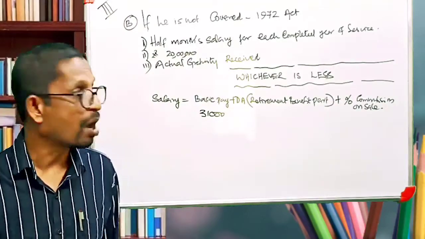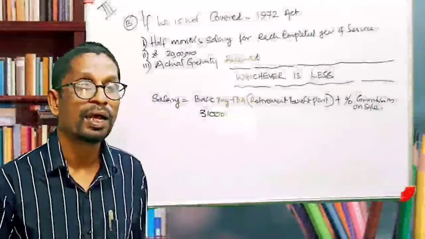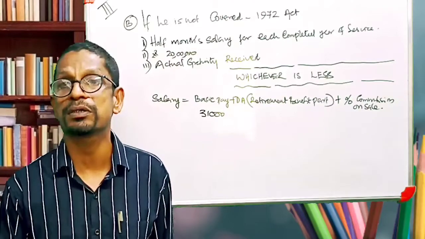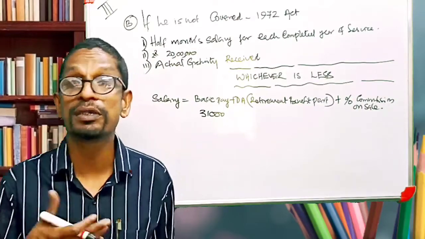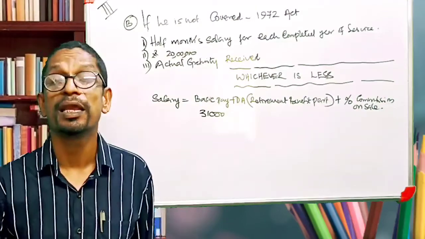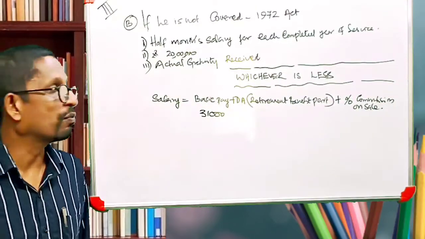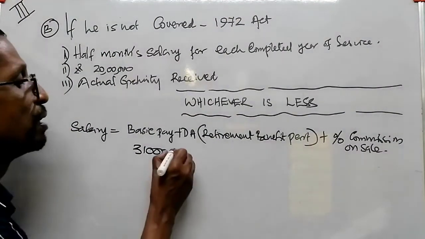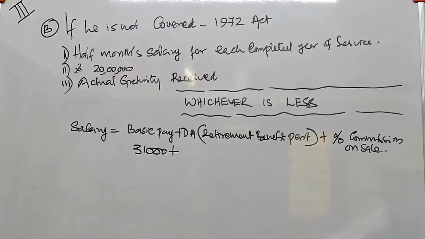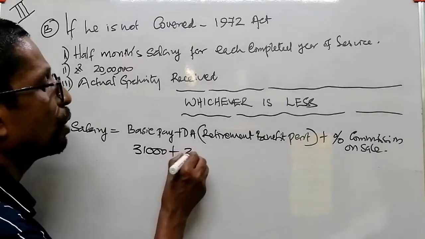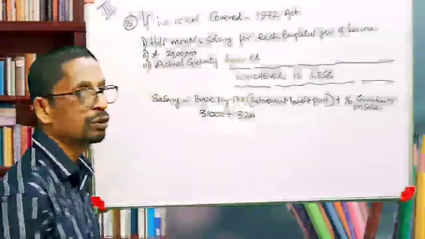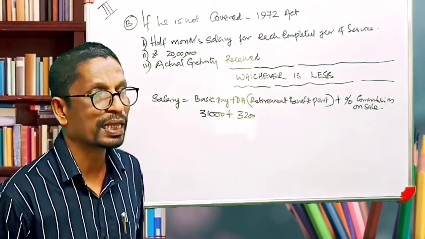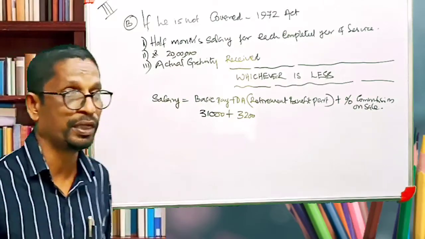It means out of the total DA, the employer is considering only 40% of DA for calculating the retirement benefits. So we are taking only 40% of DA. That means 40% of 8,000, that is 3,200. So his total salary here means basic pay plus DA.